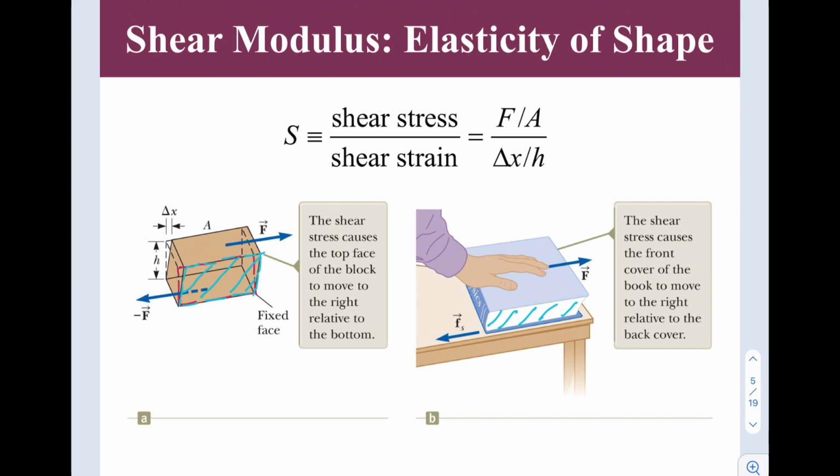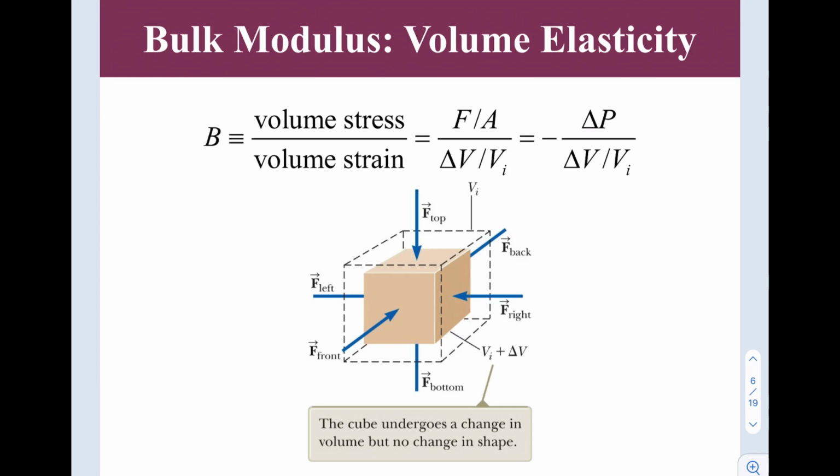So this is the shear strain, delta x over delta h. It means that the shape of the book is changed. That is why shear modulus is also known as elasticity of shape.